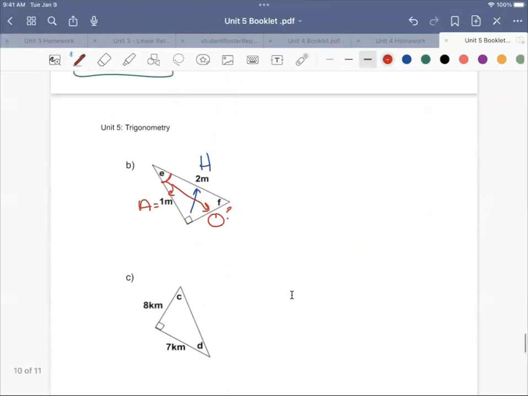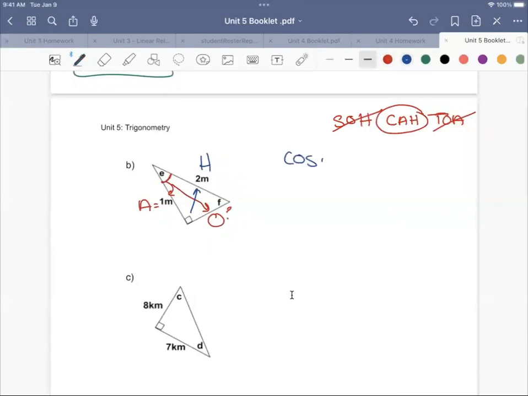If I take a look again at SOHCAHTOA, I know I don't have my opposite, so I cannot do sine, I cannot do tangent, I'm going to do cosine.